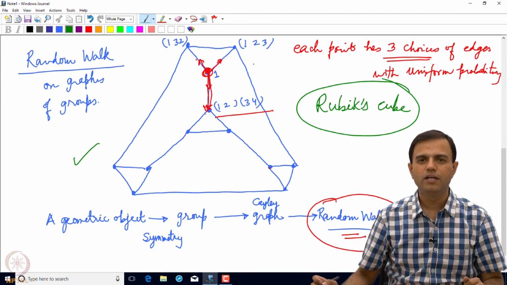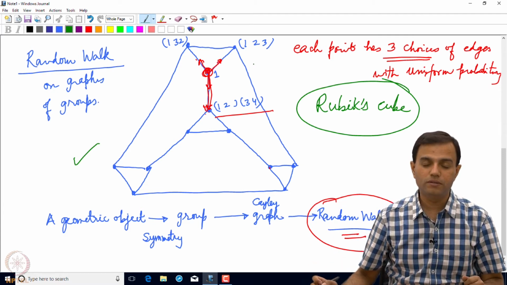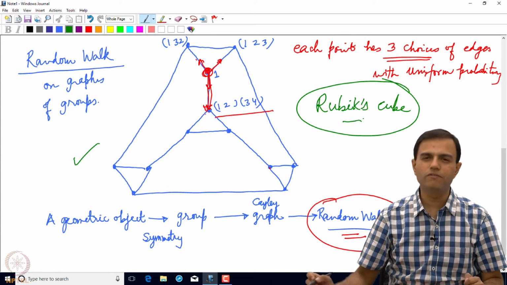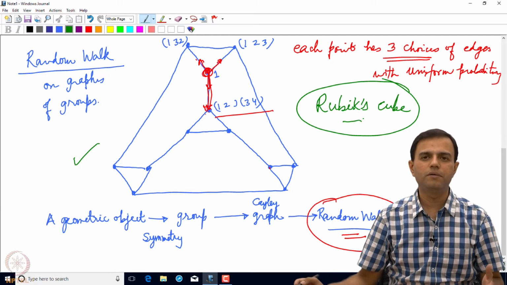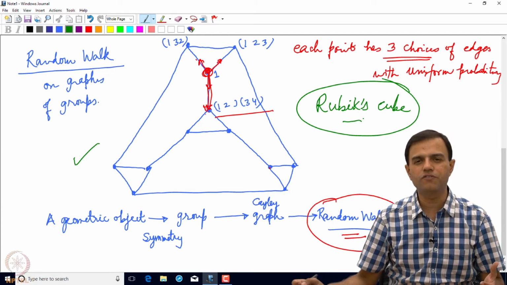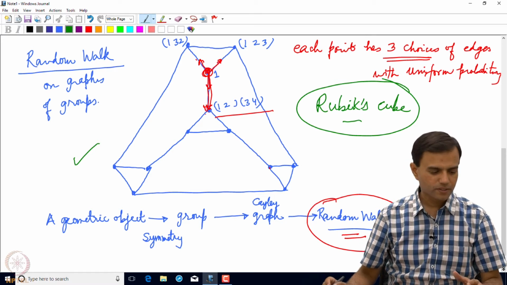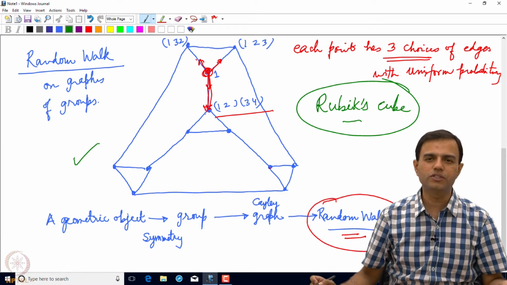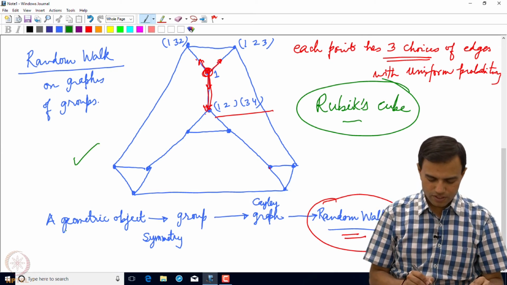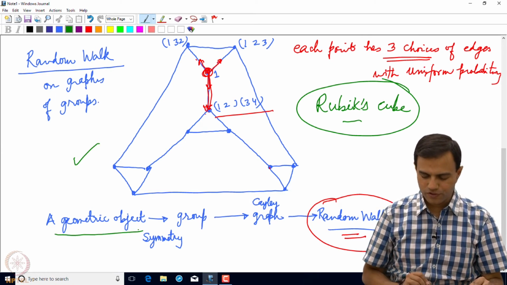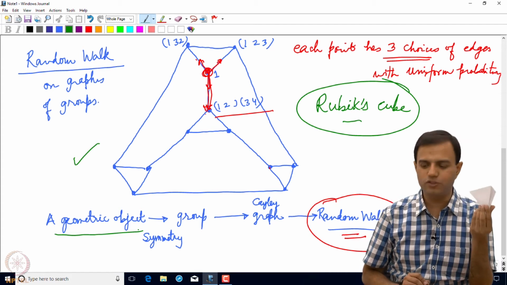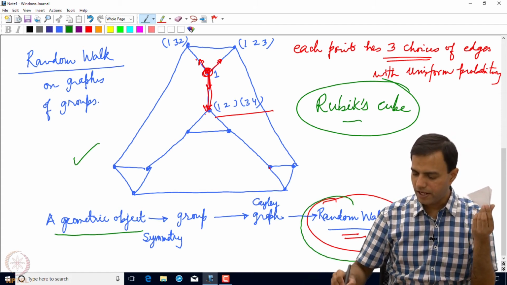We are going to eventually talk of Rubik's Cube, but not through graphs, but through relations and generators using a software called GAP. That will come later on. So you can have lots of random walks. To start with, you have a geometric object, and whenever you actually play with a geometric object, you have random walk.